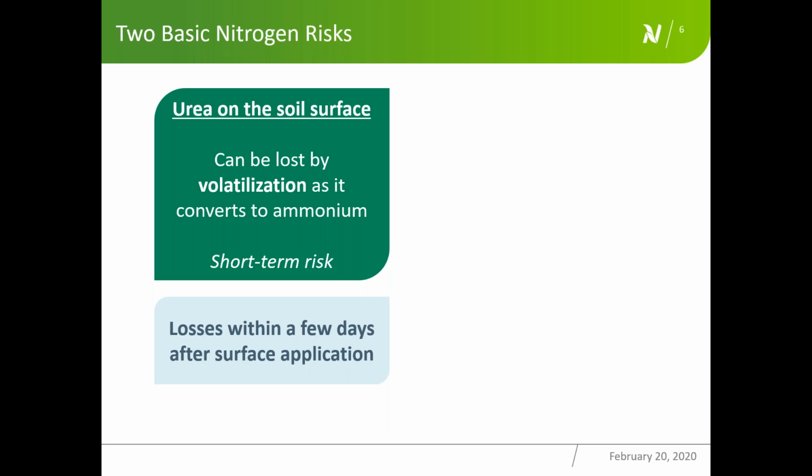If that is on the surface and it's not trapped within the soil, then some of that ammonia gas can escape. This is a loss that occurs really within a few days after application. It's perhaps in some ways more readily manageable. It's again over a short period of time, and once that urea is converted, then the potential for that loss disappears.